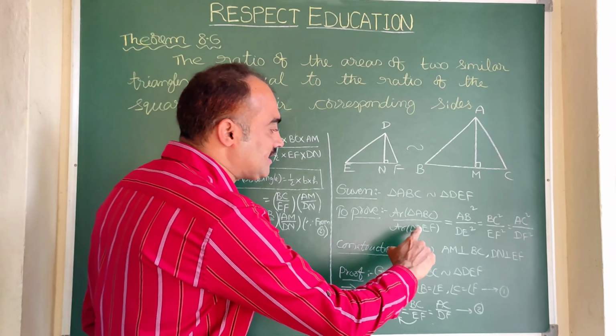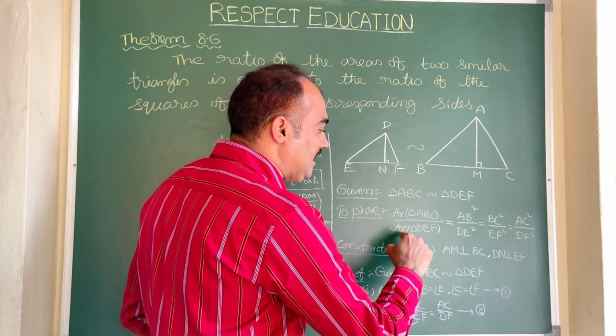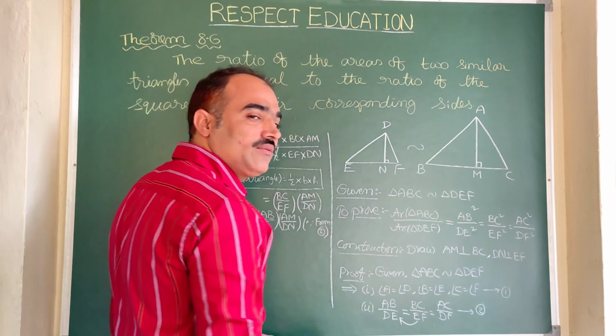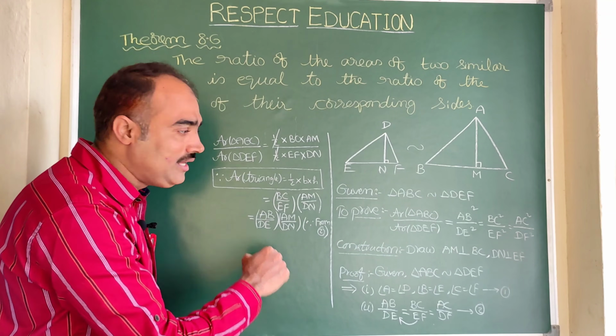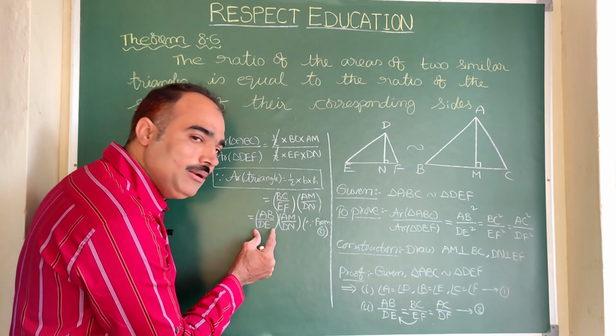Now let us compare what is to be proved. Area of triangle ABC by area of triangle DEF should be AB square by DE square. But so far we have reached only AB by DE. Are you following? We want AB square by DE square, but we reached only AB by DE.